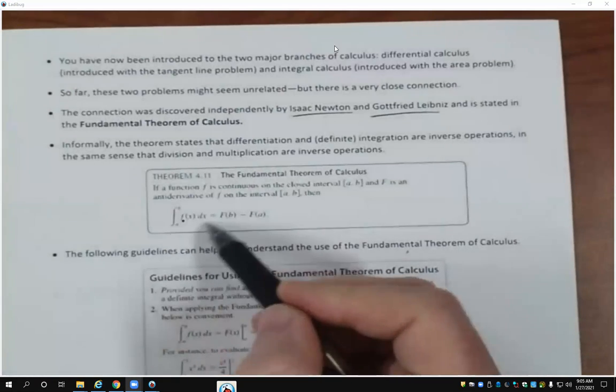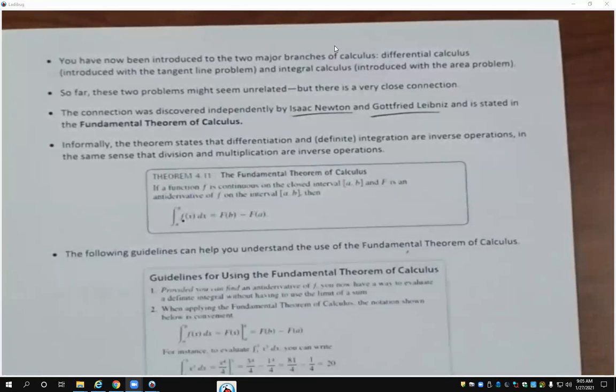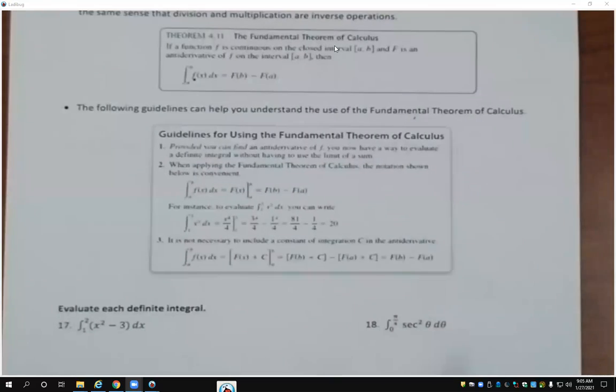This is how we are going to move forward into evaluating integrals without a calculator or without drawing a geometric shape. We're going to start getting exact values. We were getting exact values on assignment number 6 because everything was a geometric formula, but now things are going to start curving, and we're going to see how we get that.